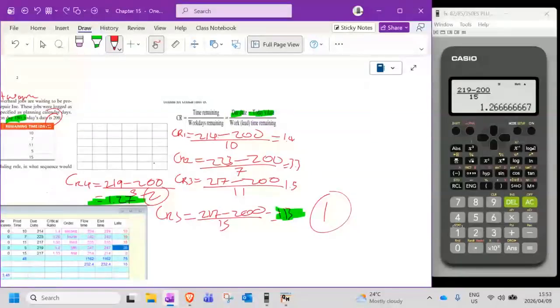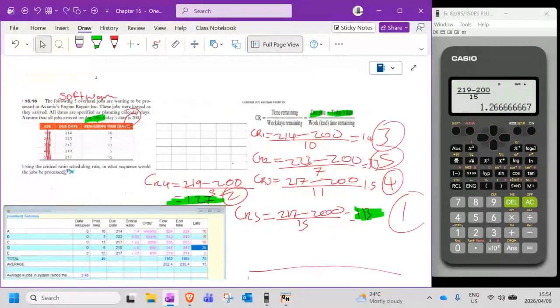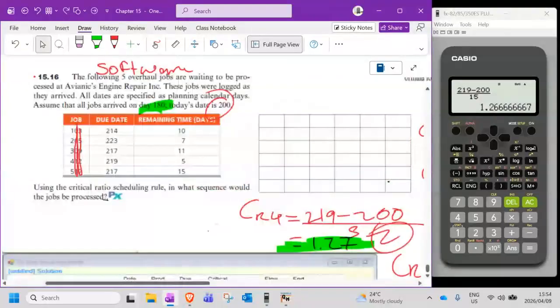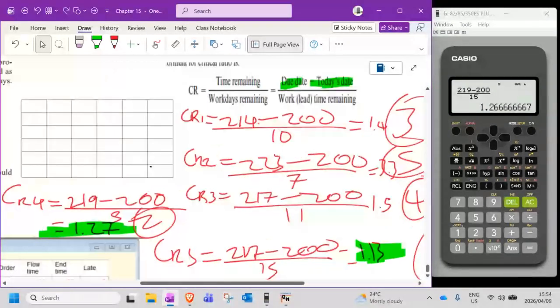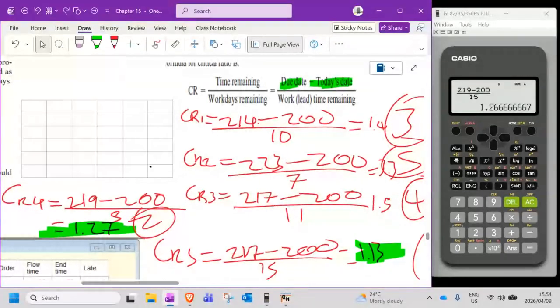Then this 3.3, 3, 4, and 5. So you sort them like this, and then you put it on your number 1, which is 15 and 17, so which is number 5.